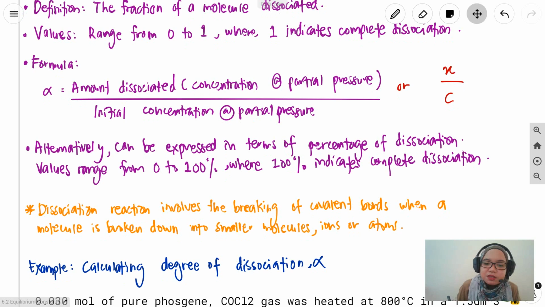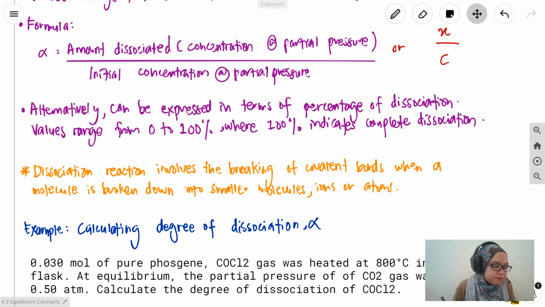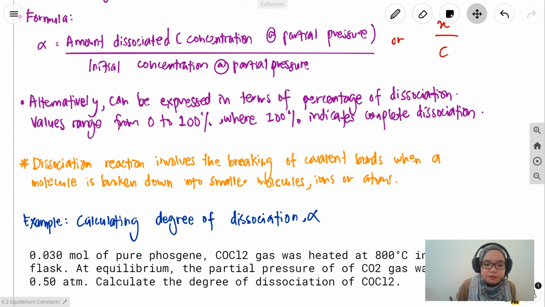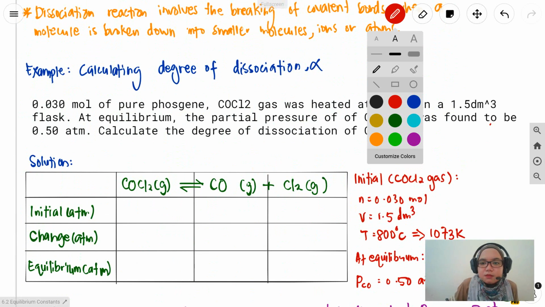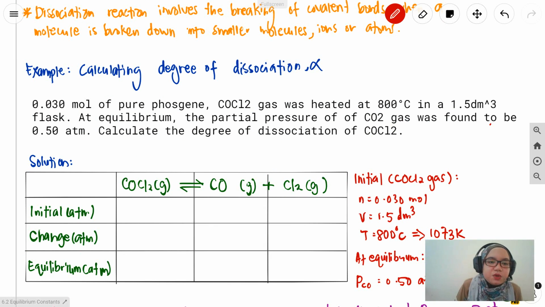Okay, so now we look at this example here. It says that 0.030 mole of pure phosgene, COCl2 gas, was heated at 800 degrees Celsius in a 1.5 decimeter cube flask.